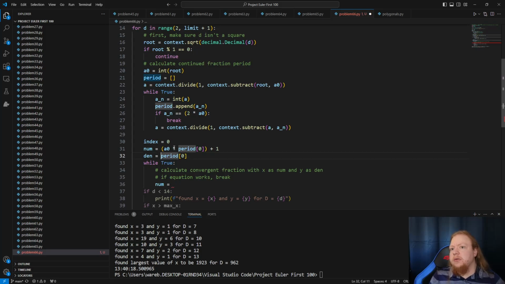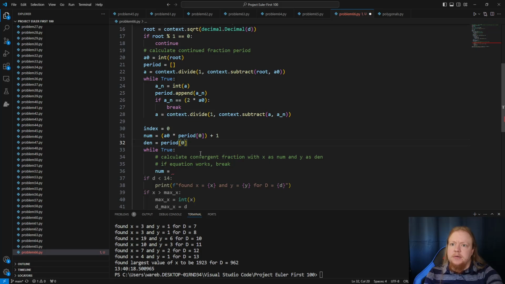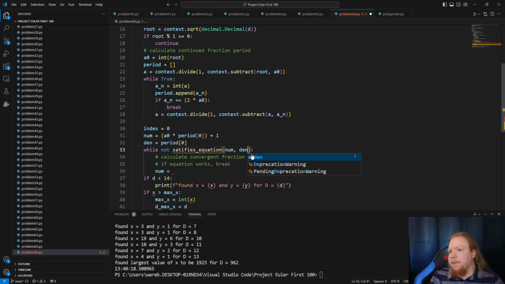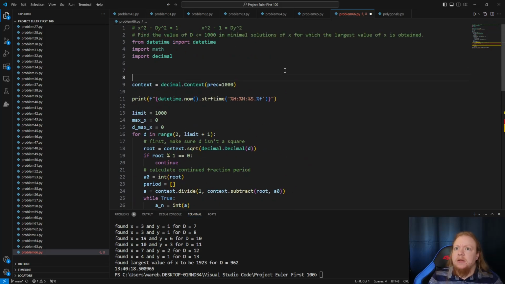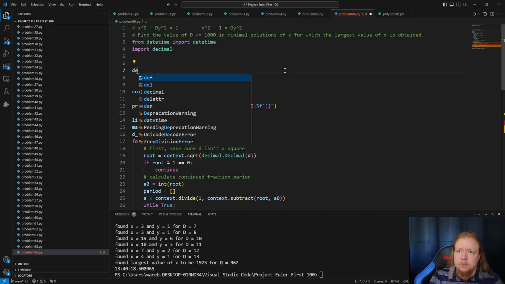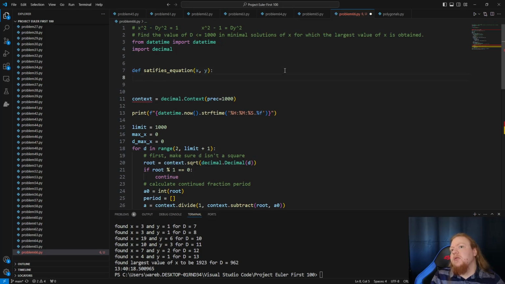So I basically want while not satisfies. Let's make this XY. X is the numerator, Y is the denominator.